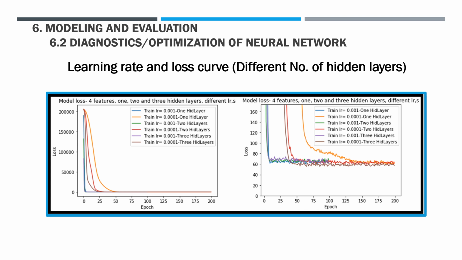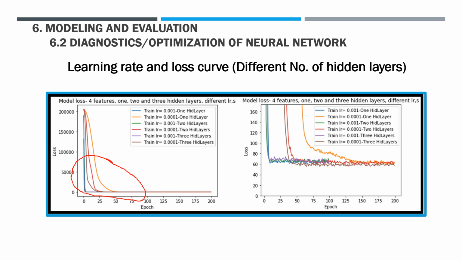Here the loss curve was plotted for different numbers of hidden layers: one hidden layer, two hidden layers, and three hidden layers. To decide about the optimum learning rate, this part of the plot again was enlarged and looked at.